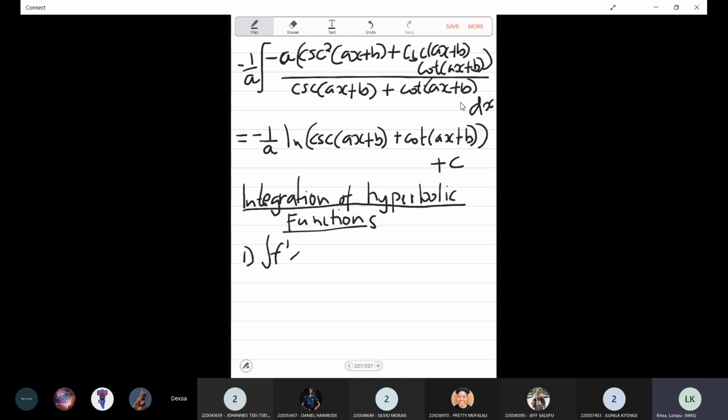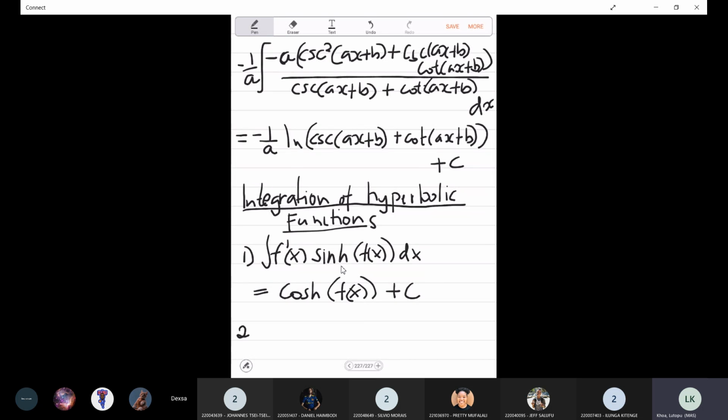If we have the derivative of f(x) and the hyperbolic sine of f(x), and this is what we want to integrate, this, as we know, is just cosh of f(x) plus c, because the derivative of cosh is sinh of that function, and then you multiply by the derivative of the function.